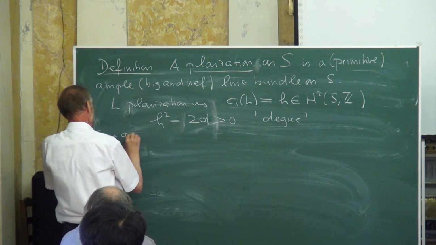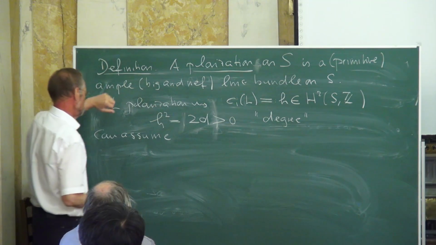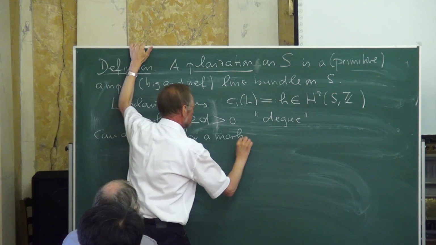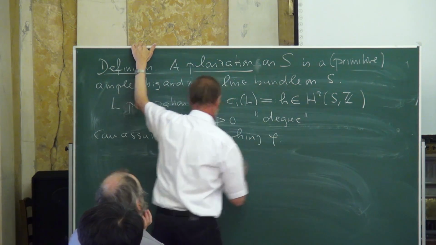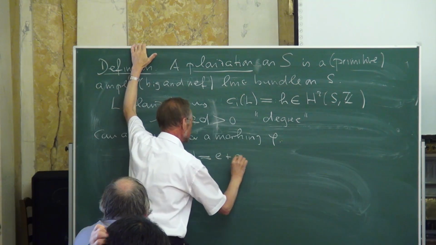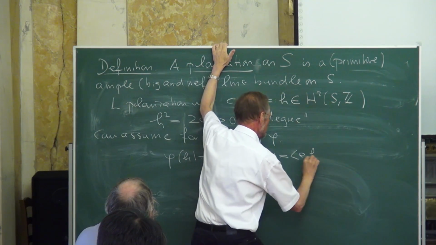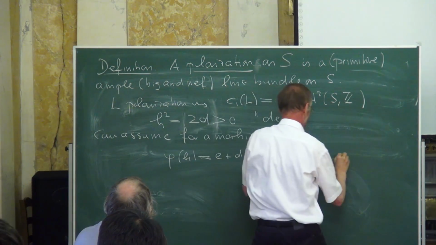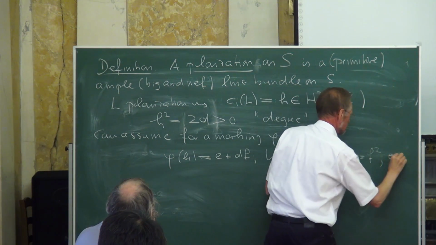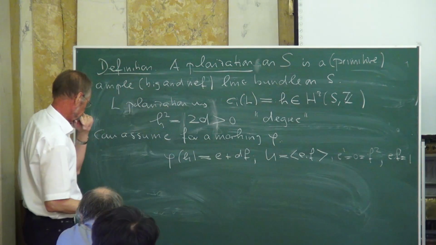Now, by relatively simple lattice theory, we can assume that for a suitable marking phi, the phi of h is of the form e plus d f, where e and f span a hyperbolic plane. So these are elements, they are isotropic, and e·f is 1. So I can always assume that I'm in this position.